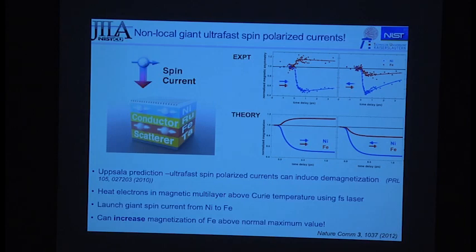So our colleagues in Jülich and Uppsala said immediately, oh, so this solves the question. It must be that the demagnetization is all due to spin currents. But fortunately, we had a good student who thought, well, maybe we should do one more careful experiment to see if we can see multiple mechanisms working at once.